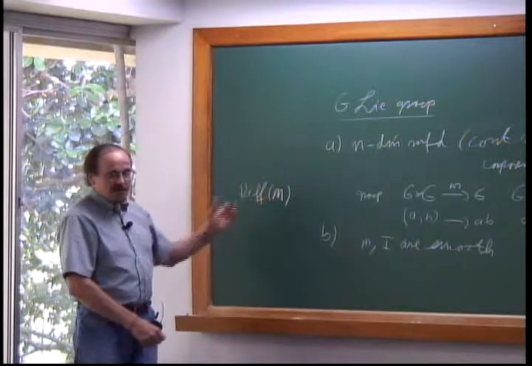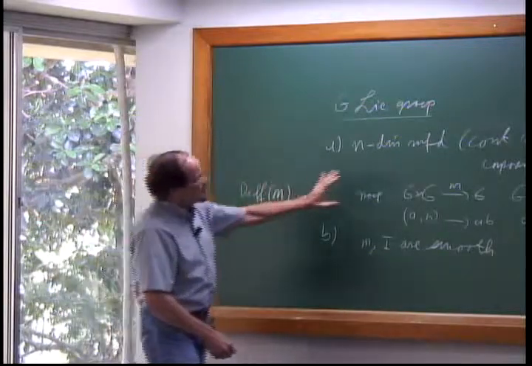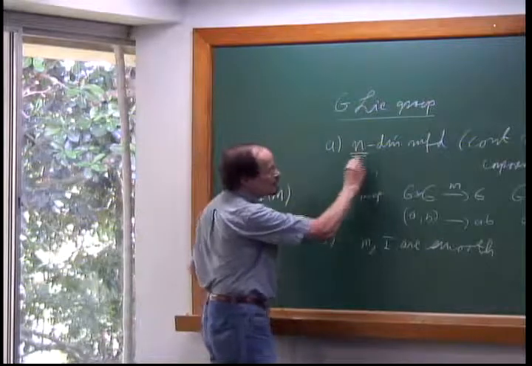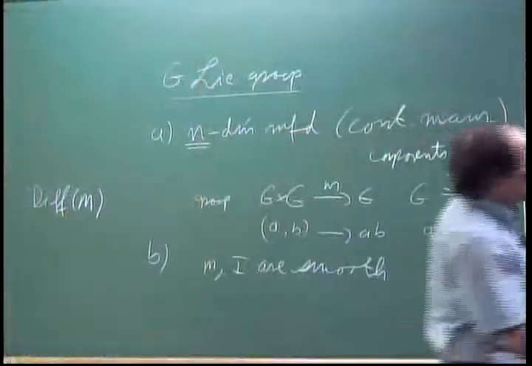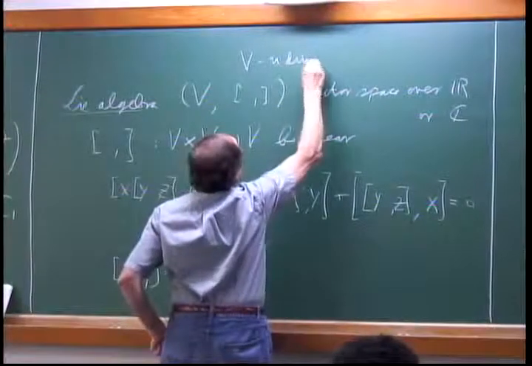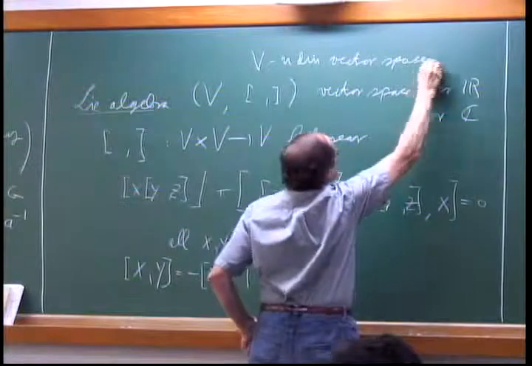You have to make it into some kind of manifold. So this subject is quite different from finite dimensional Lie groups. For Lie algebras, also here V is an n-dimensional vector space. So everything I do will be finite dimensional.